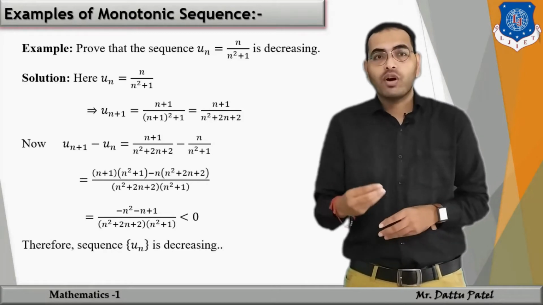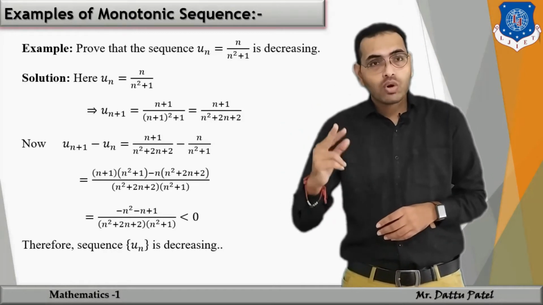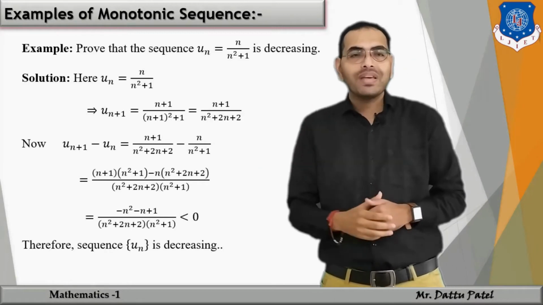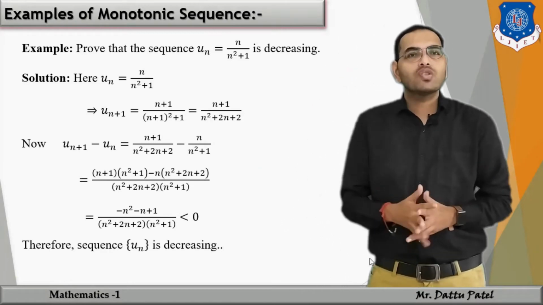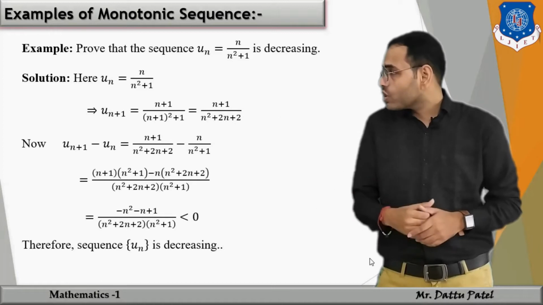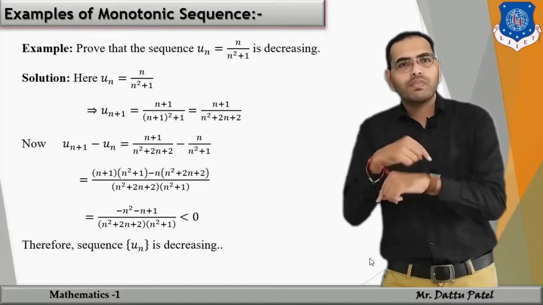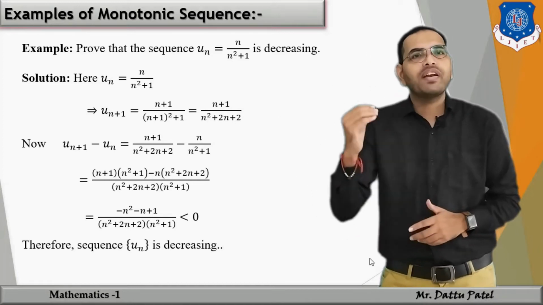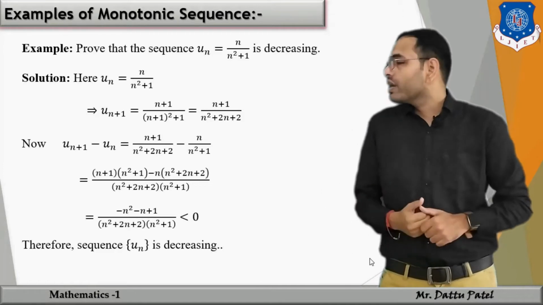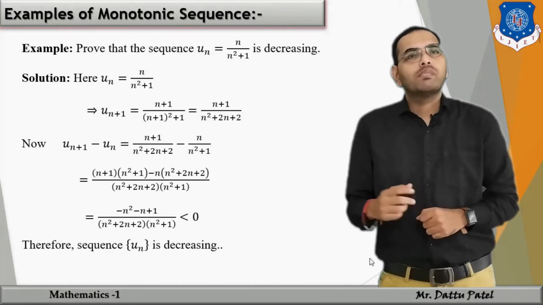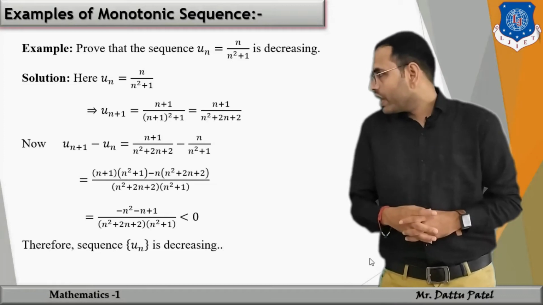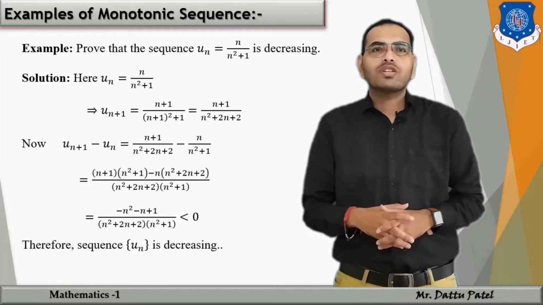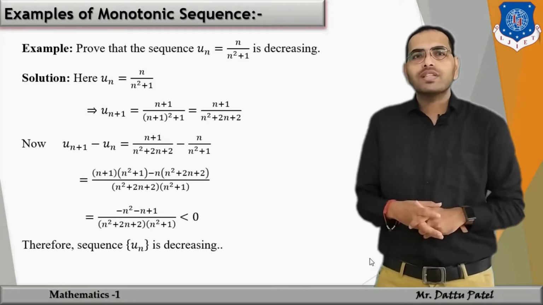Now with the subtraction of two consecutive terms, u_(n+1) minus u_n, substituting the values of u_(n+1) and u_n, cross multiplying and simplifying, we get in the numerator minus n square minus n plus 1, and in the denominator (n square plus 2n plus 2) into (n square plus 1).